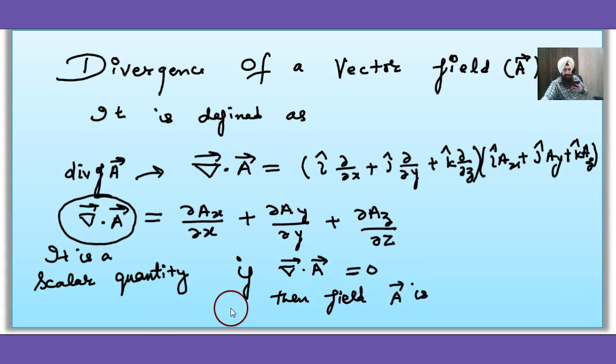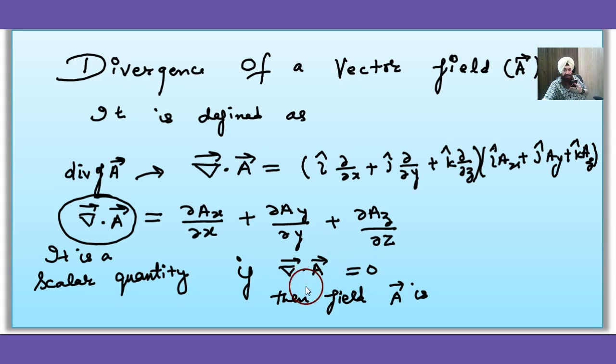Now if the divergence is equal to 0, del dot A vector equals 0, then there are some possibilities. Either there is no A vector, there is no field.